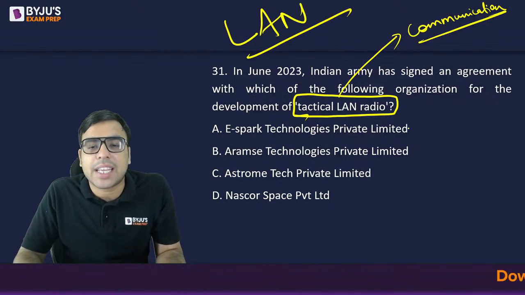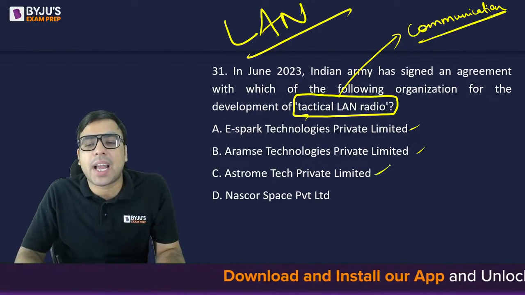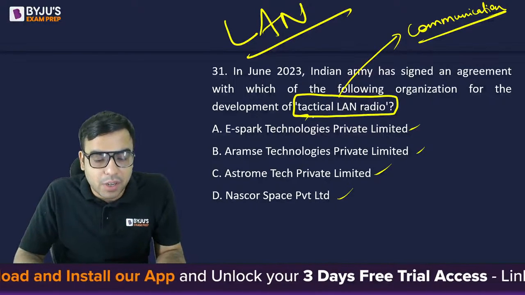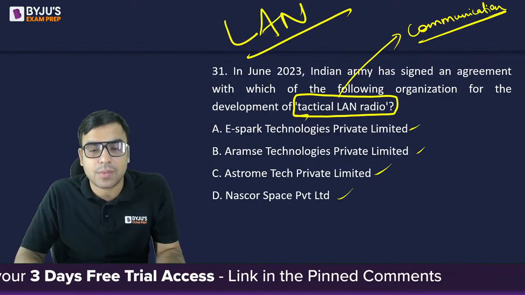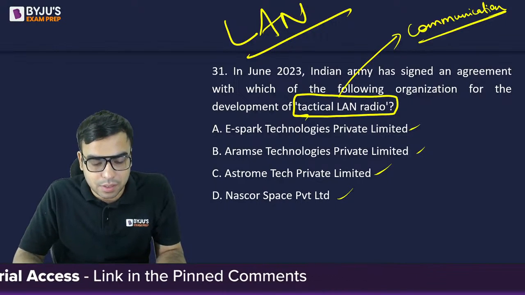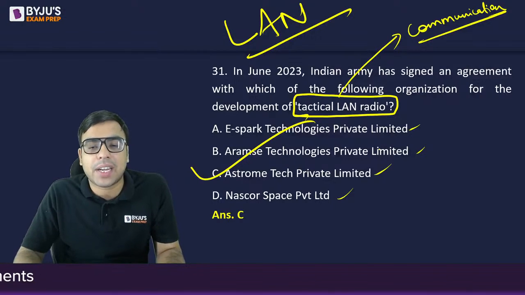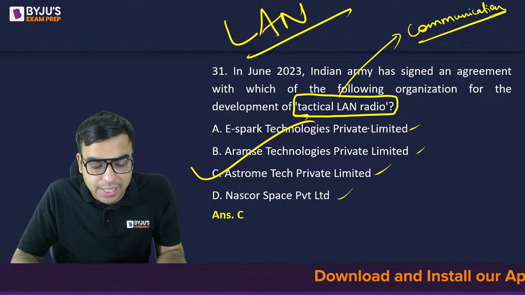Your options are eSpark Technology Private Limited, Arams Technology Private Limited, Astrom Tech Private Limited, NASCOR Space Private Limited. What is the right answer to this question? क्या सही जवाब है? Okay, the right answer is of course C. Astrom Tech Private Limited is the right answer to this question. Gauri is right. Very good. C is the right answer to this question.